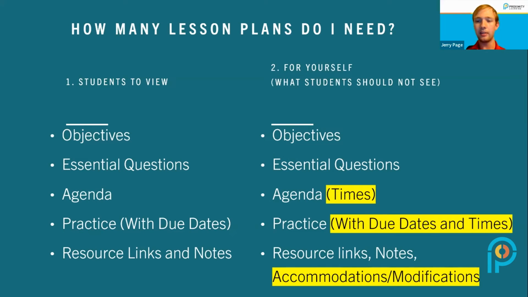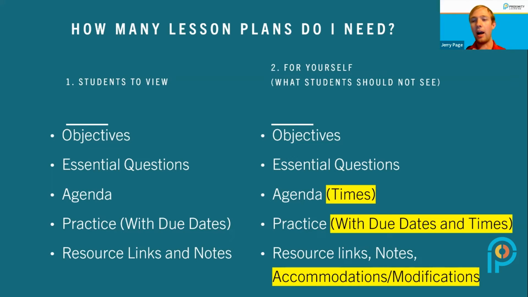On the right is what teachers see. So students should see the objectives, the essential questions, the agenda, practice with the due dates, resource links, and notes. Well, now you're thinking, well, Jerry, the teacher's looks are just about the same. Yes, but there's more to it.